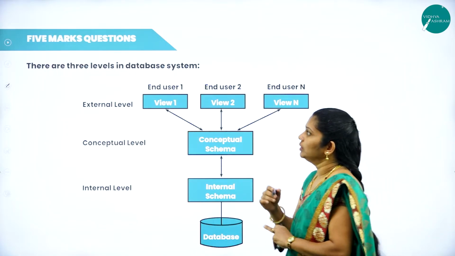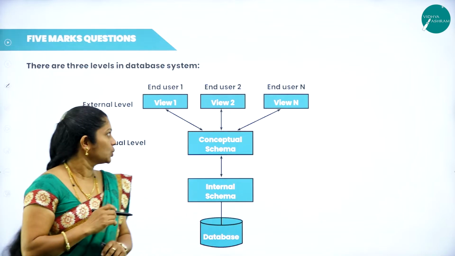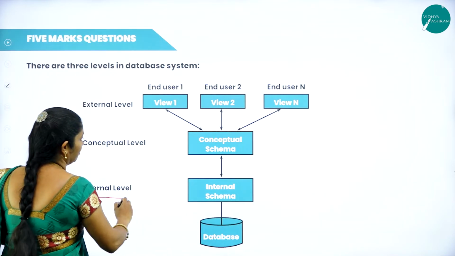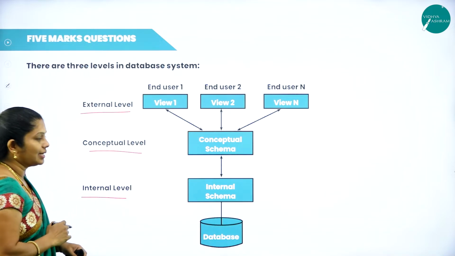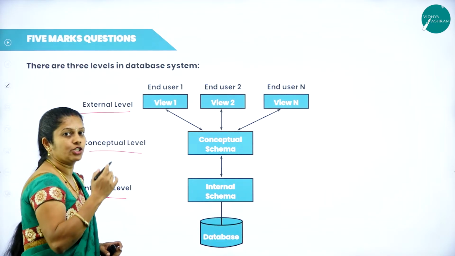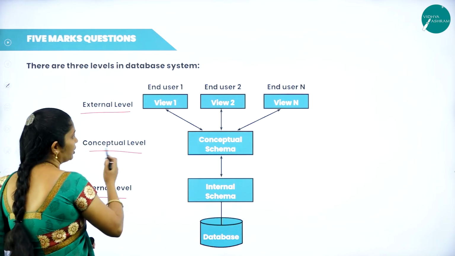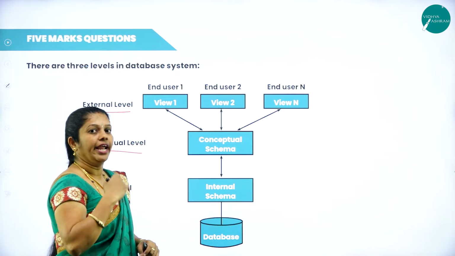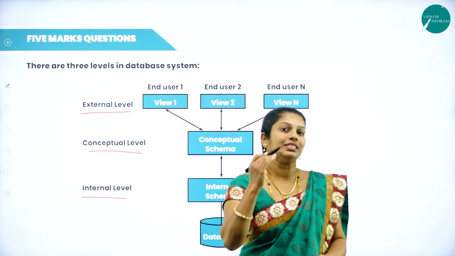Next, when we come to the database system, under that we have three levels. The first one is the internal level, then the conceptual level, and the external level. The internal level mainly deals with the physical storage area, where exactly it is stored. But the conceptual level mainly deals with the logical structure of the data. What is the data? Which data type is it?